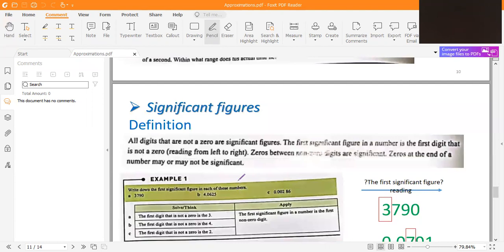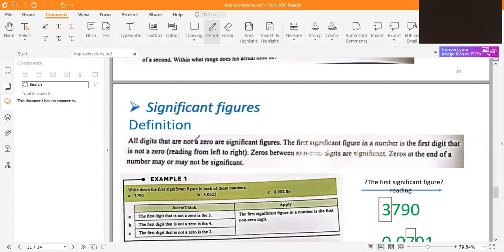So the second part is about significant figures. When we know what we mean by significant figures, all the rest will be very easy. So what do I mean by significant figures?